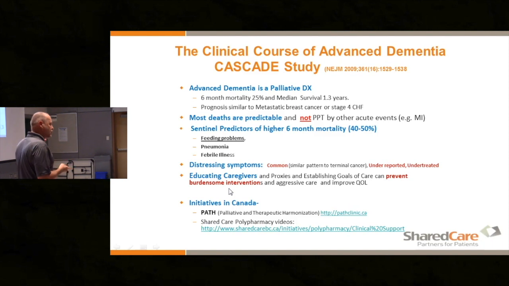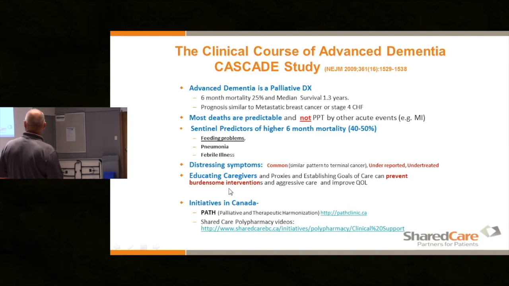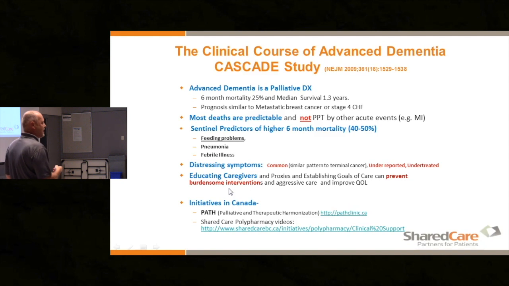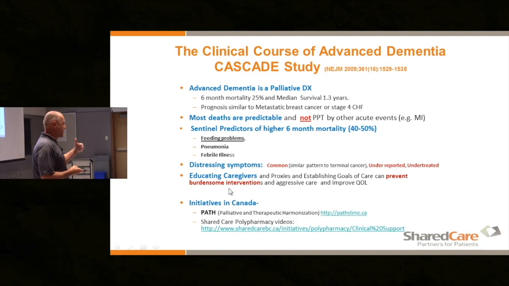But by and large, people in care homes are at this type of stage, or getting to this stage, and usually deaths are not predictable so much by an acute event, they're predictable by here. And you've seen this so many times, right? They start developing swallowing and feeding problems, then they get the infections, and that tells you that they're entering the last 6 months palliative phase.